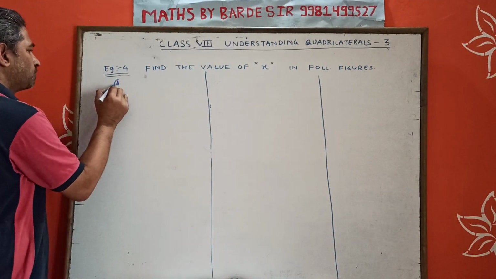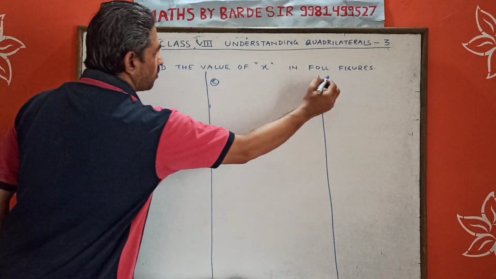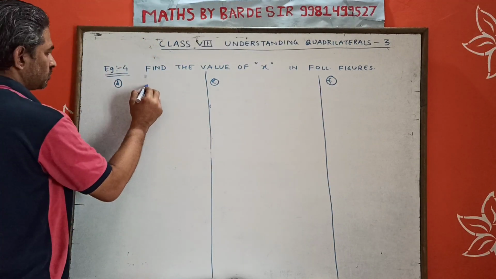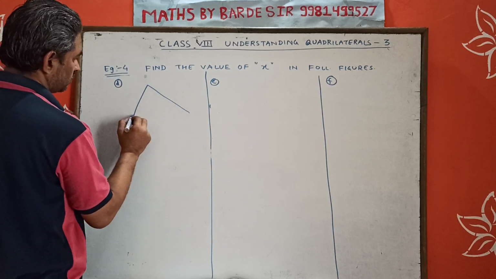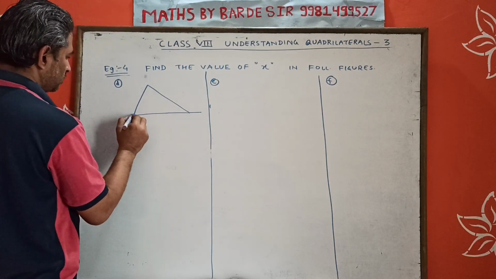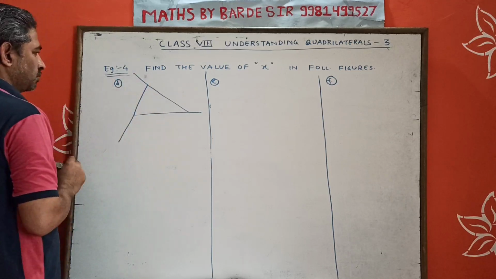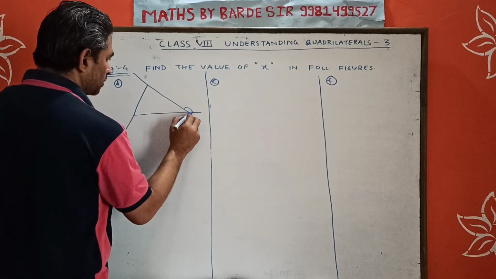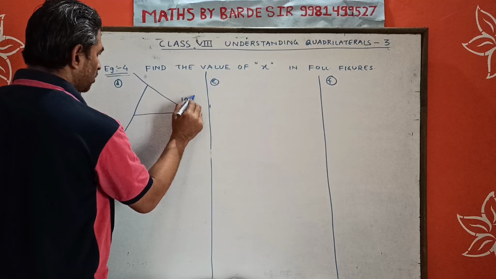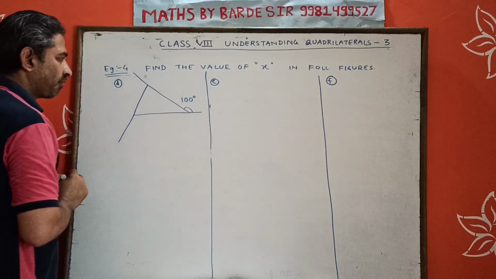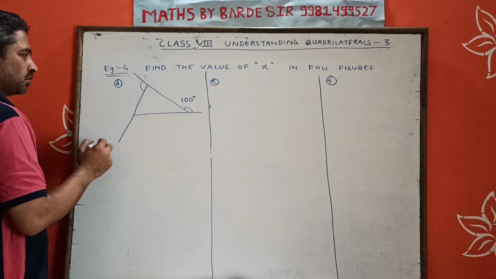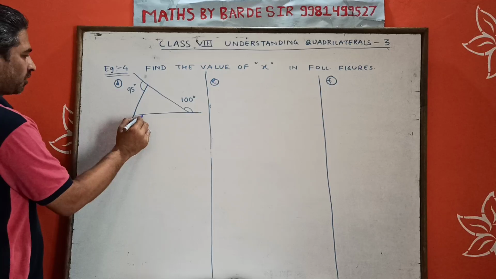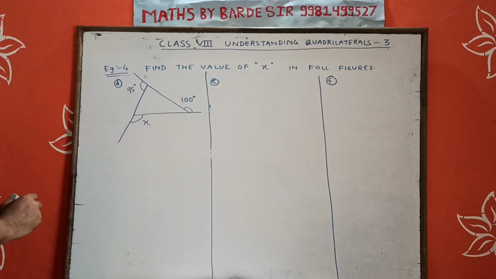D, E, F. This is given as 100 degree. The other one is given as 95 degree. You have to find out the value of x.